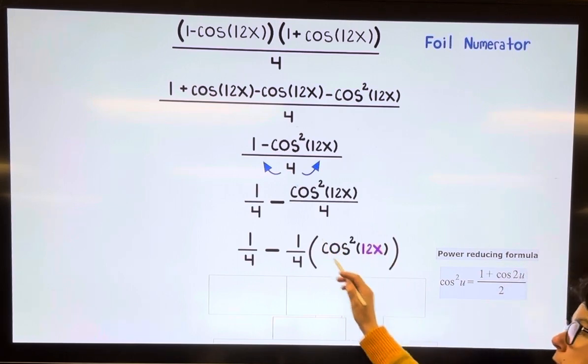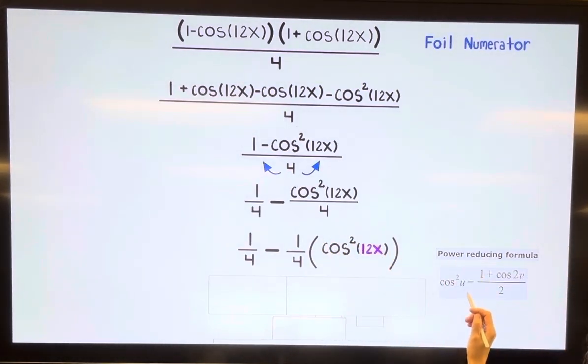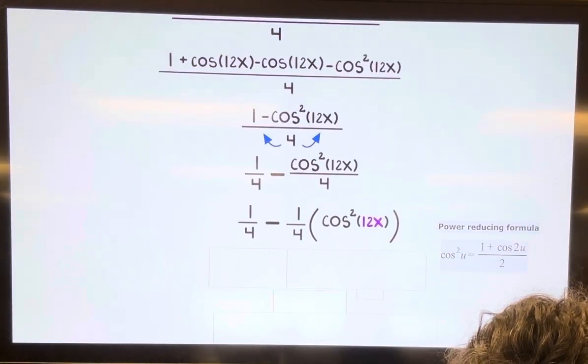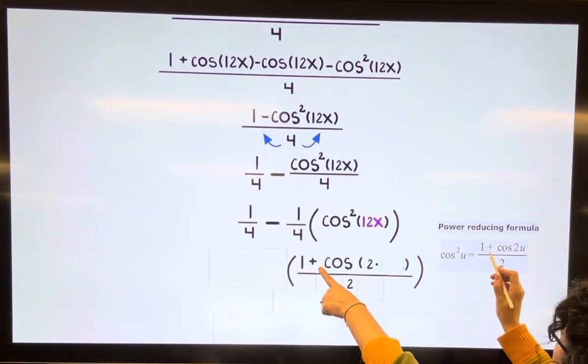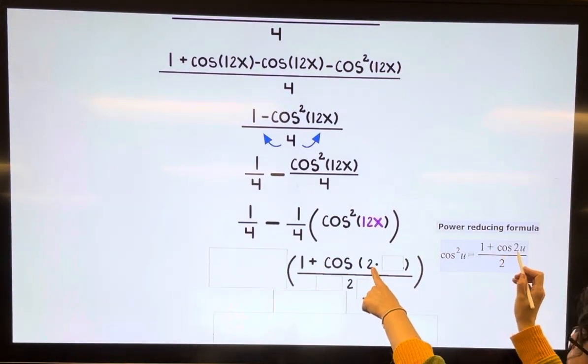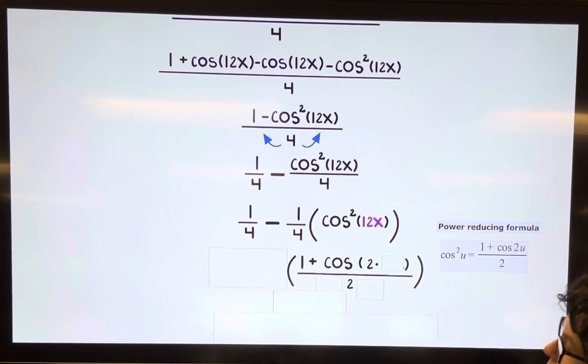Okay, so focusing in on the cosine squared of 12x, I'm ready to use our power reducing formula again. So cosine squared of 12x is our cosine squared of u, so the u is 12x. So we've got 1 plus cosine of 2u over 2, but my u is 12x.